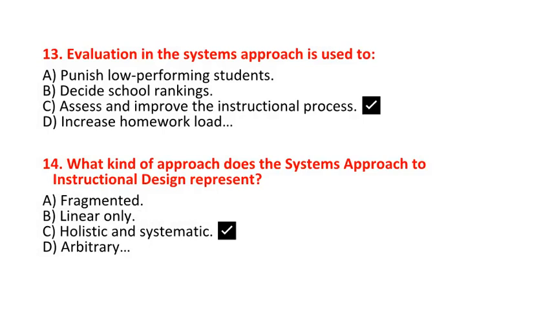Evaluation in the systems approach is used to A. Punish low-performing students. B. Decide school rankings. C. Assess and improve the instructional process. D. Increase homework load. 14. What kind of approach does the systems approach to instructional design represent? A. Fragmented. B. Linear only. C. Holistic and systematic. D. Arbitrary.